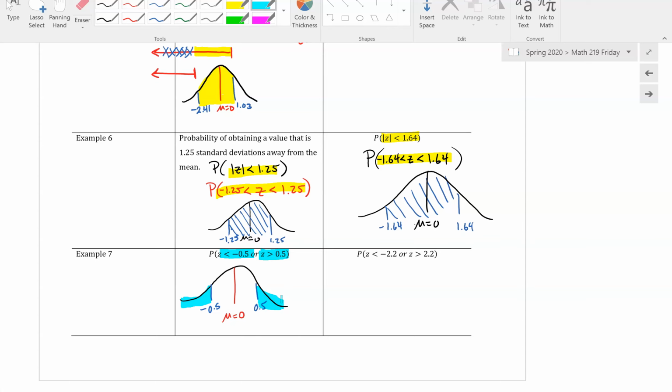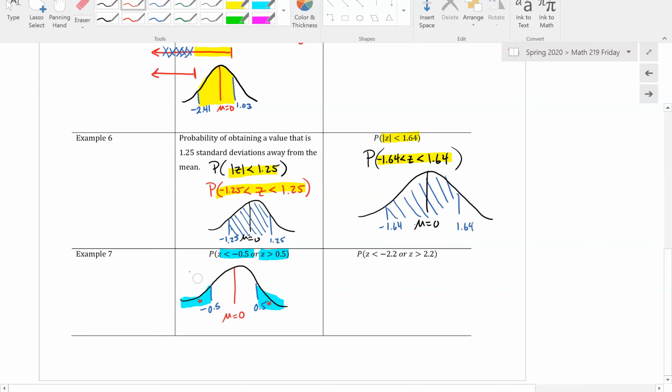And you really could do this a couple ways. But the easiest way is to recognize that this area and this area are the same by symmetry. By symmetry of the normal curve, this space here is the exact same amount as this space here. This would be relatively easy to find on your z-table because it tells you left areas.